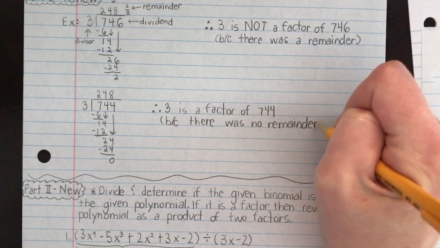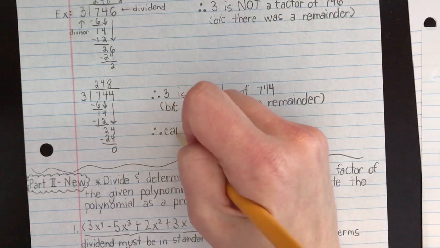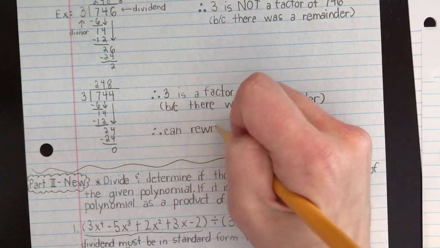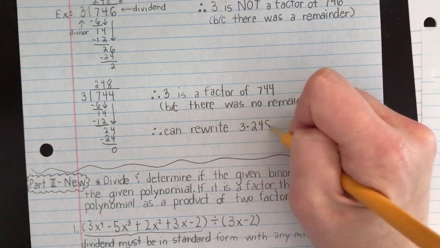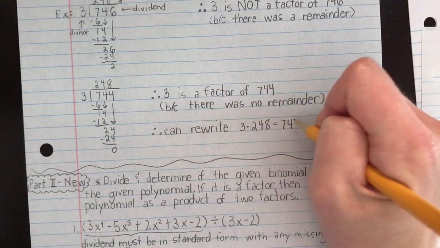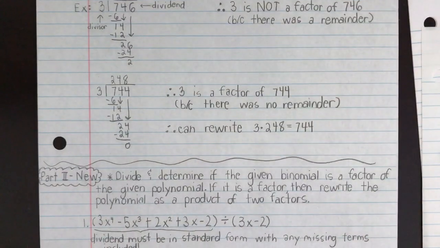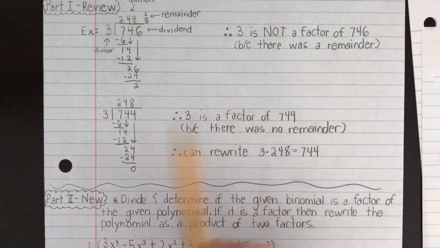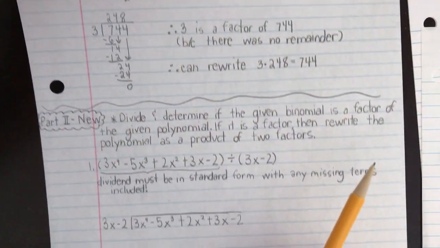So better yet, therefore, we can rewrite 3 times 248 equals 744. This information and this knowledge will come in very handy and useful when we start dividing polynomials.